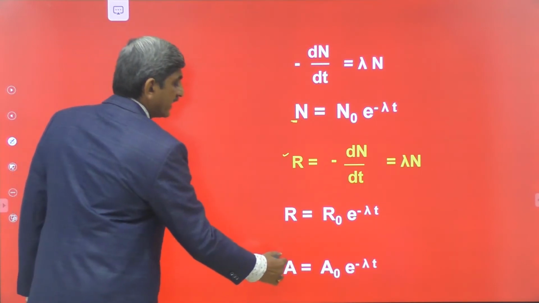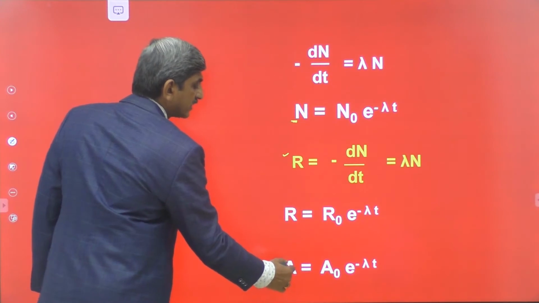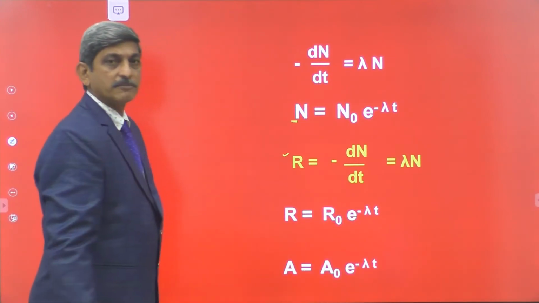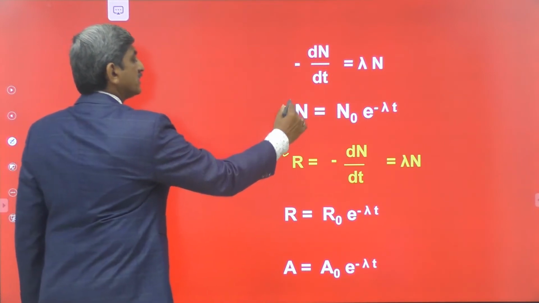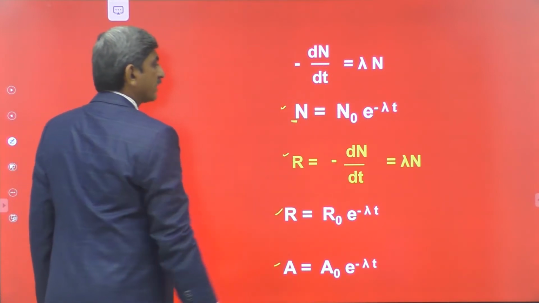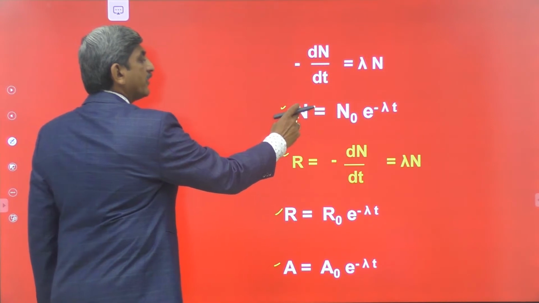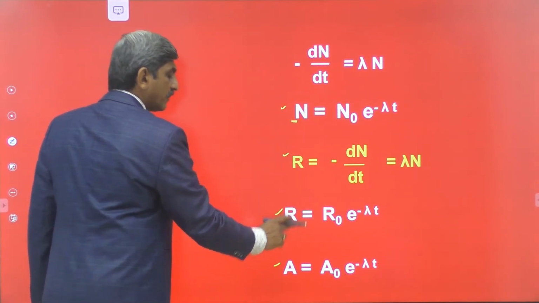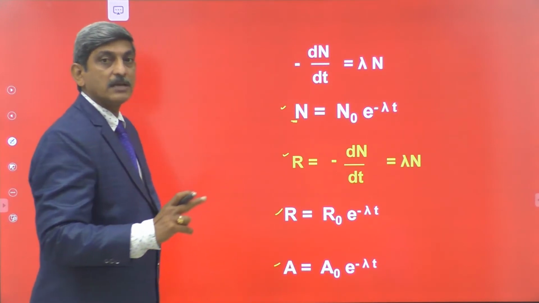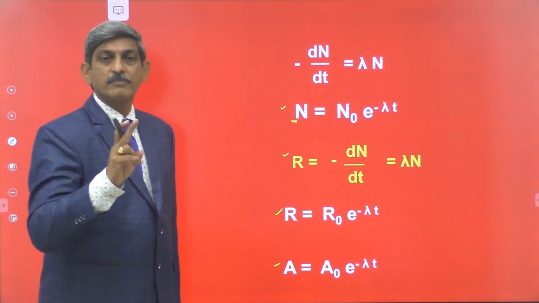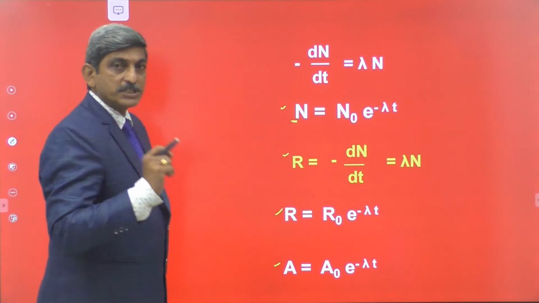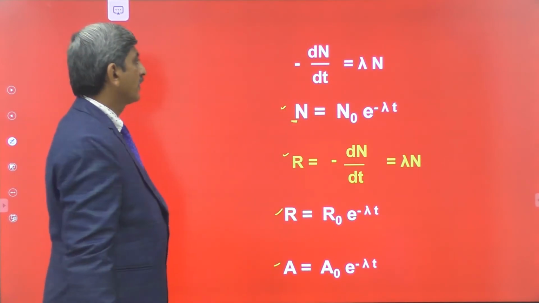That's why the activity of the sample after t seconds is given by A is equal to A naught e power minus lambda t. So using these three formulas, we can determine the number of radioactive nuclei present, or the rate of decay of the sample, or the activity of the sample after t seconds from the beginning. These three are exponentially decreasing with time.